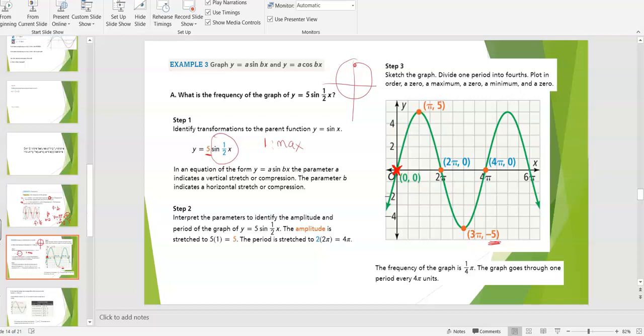Okay. So then the minimum, -1, would be down here. That's where your y value would be at its minimum. That would be at 270 degrees, or 3/2 pi.